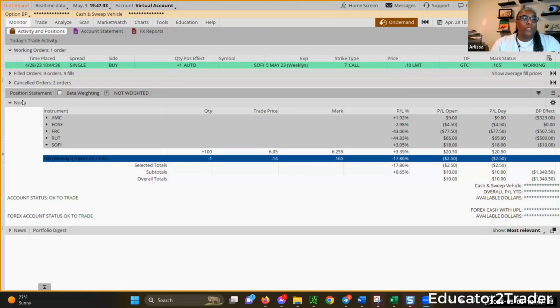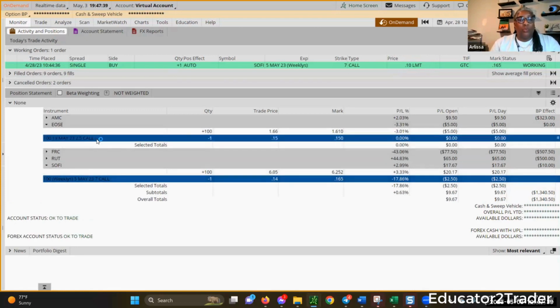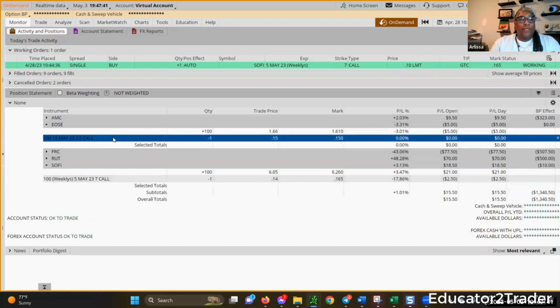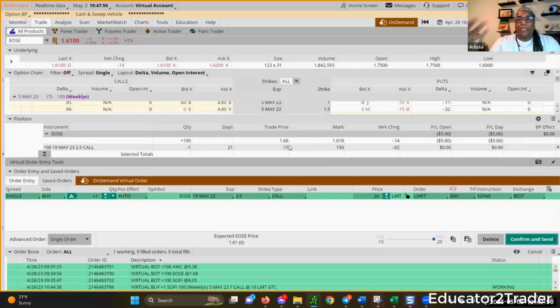How do we close these? You go to what you want. If I was picking EOSE, I'm going to select it, turn it blue. Let me turn this one off. And then I want to right click it, create closing order. I'm going to buy back at this price. It pops up as green because I'm buying to close. It says all the right stuff here.